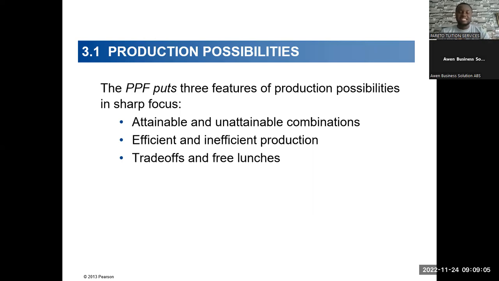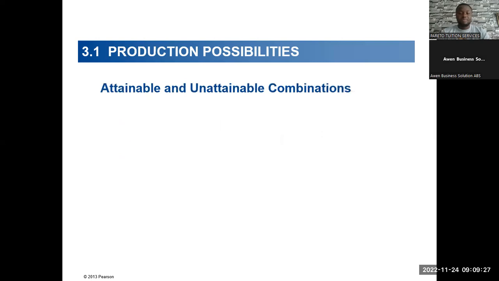When you are trading something off, it means you are sacrificing something to get another thing. But a free lunch, you just get the thing without sacrificing anything. So that one too is another feature that the PPF shows. So we'll take them one after the other, and then we'll look at them. So first, let's look at the attainable and then the unattainable combinations. Okay.